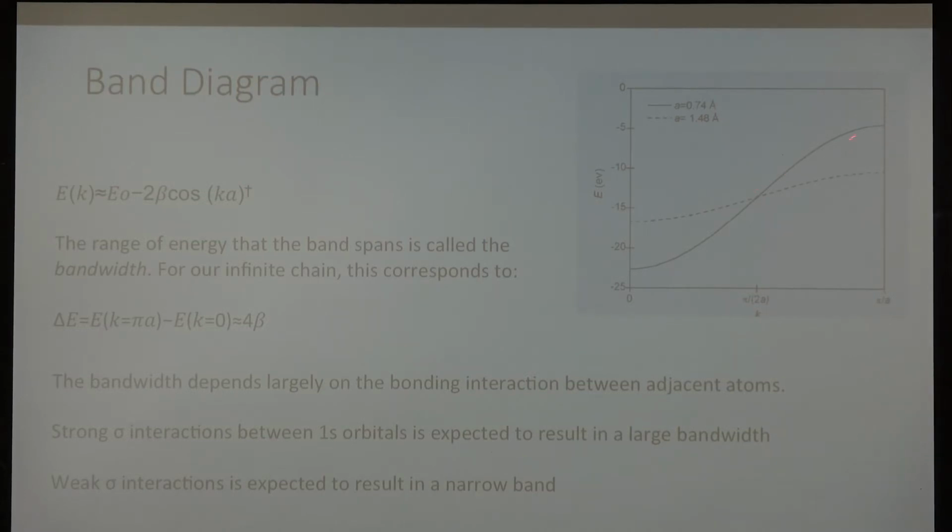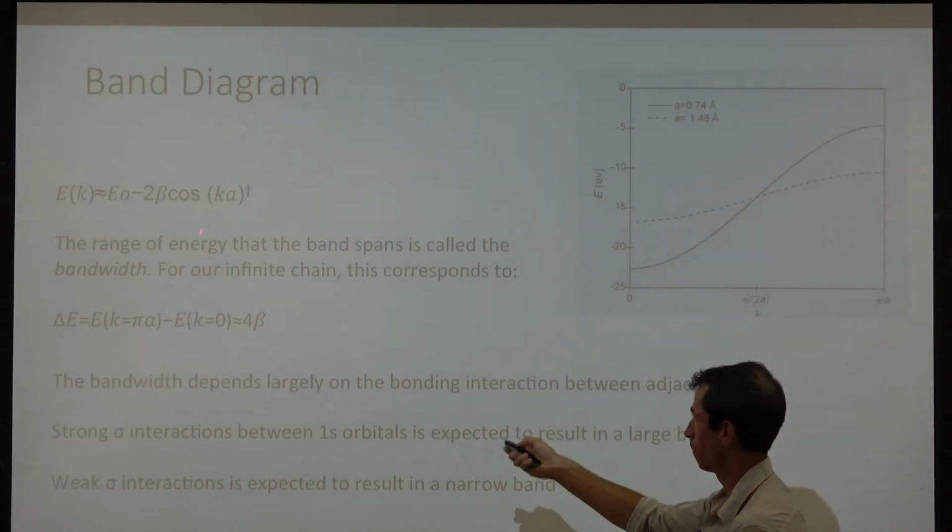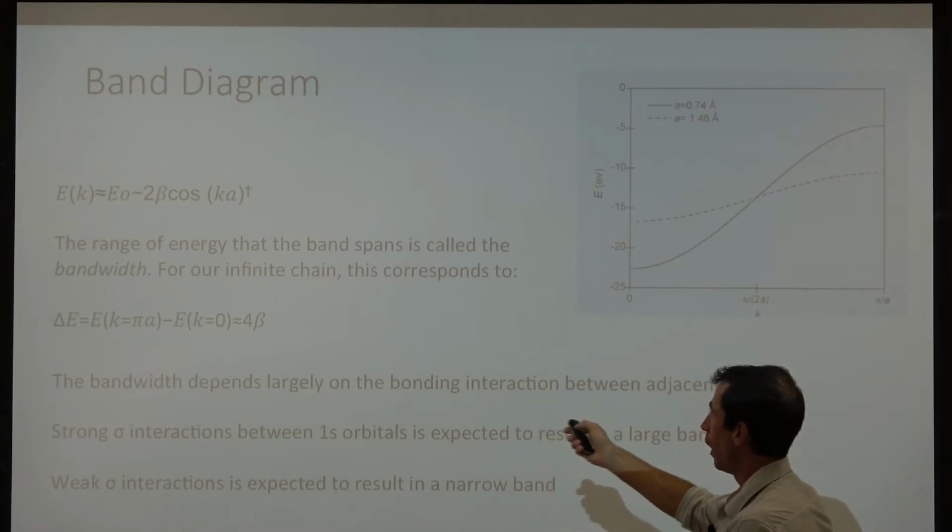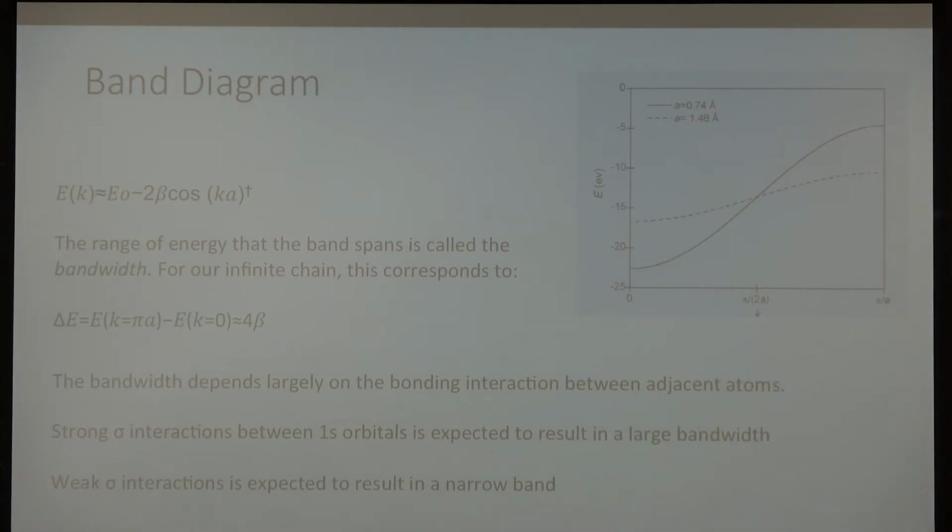Whereas when they're closer together, the solid curve, you get more of a distribution because you have more states. Is there a function that relates this distance to the energy width? This is related to the bond energy.